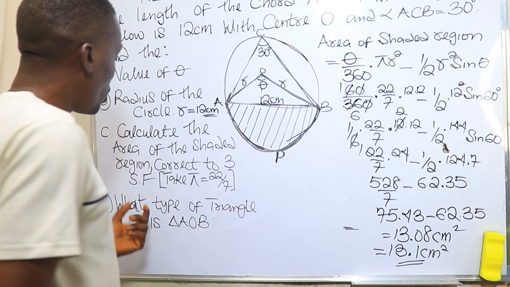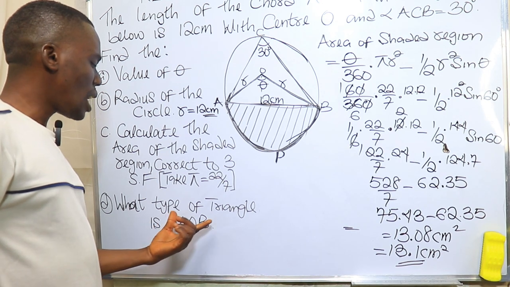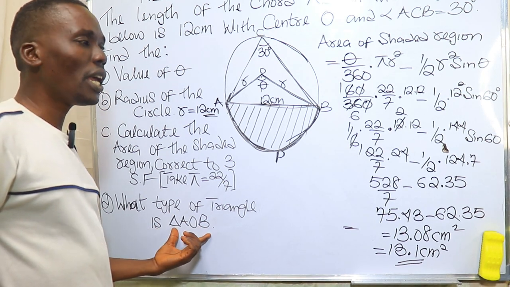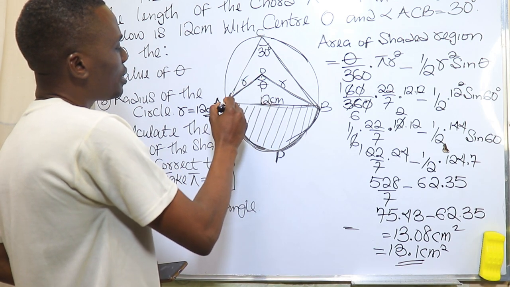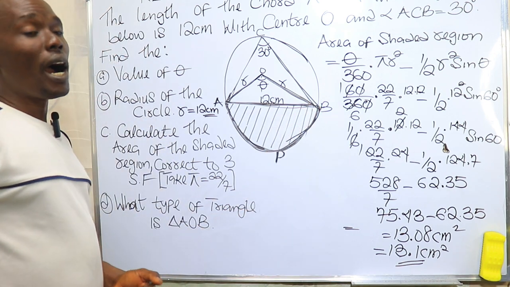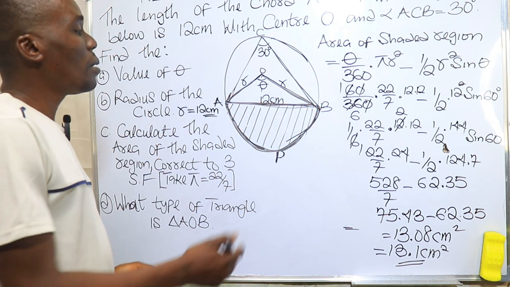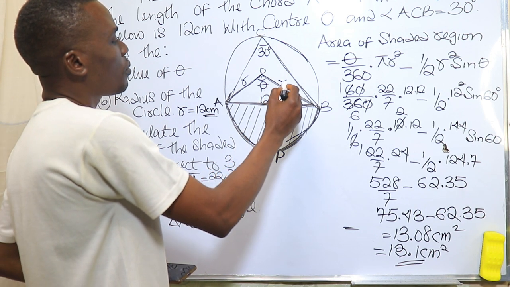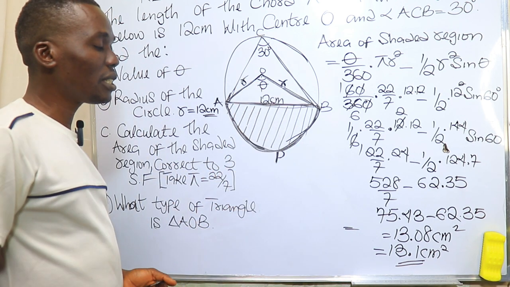The next thing we want to think about is the last question, which says, what type of triangle is triangle AOP? Now, a triangle in which we have this, this, and this, all of equal sides. Remember, the radius is 12, this is also 12, and this is 12. What kind of triangle is that?